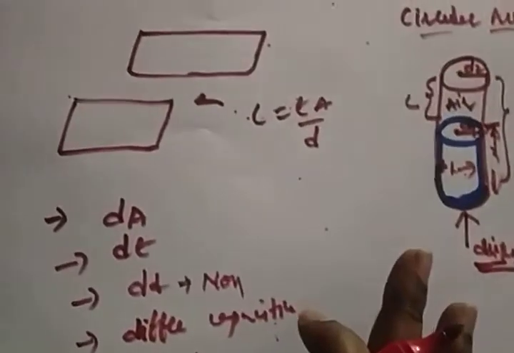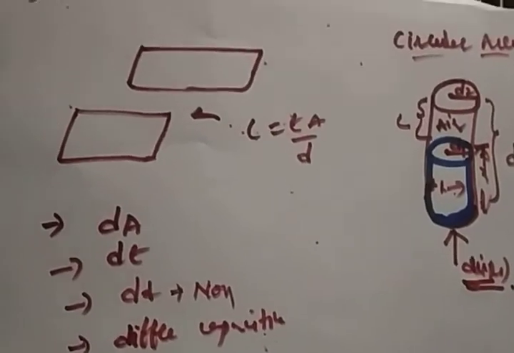These are the things we discussed till now under the concept of capacitive transducer. Now we'll discuss the advantages, disadvantages and applications.